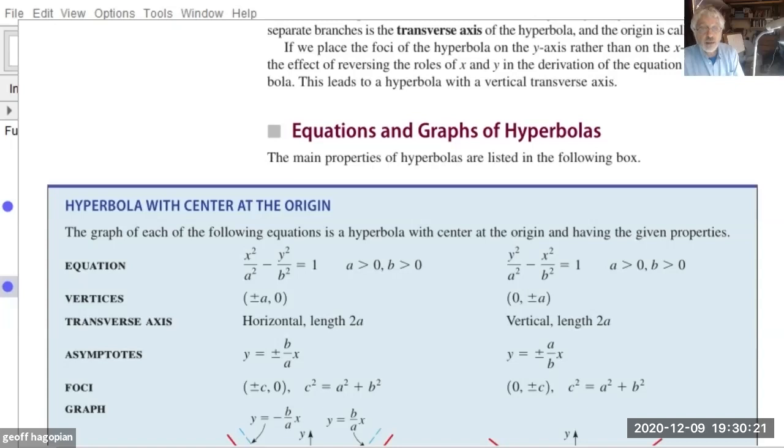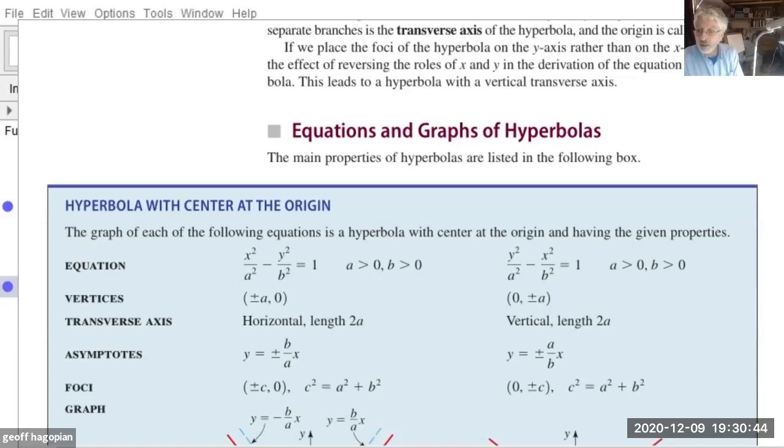So if A goes with X, then the slope of the hyperbola asymptote is B over A, right? So that's 6/7 in our case. And so since A is 9, we multiply by 9 and get 54/7. Okay, so B is 54/7.